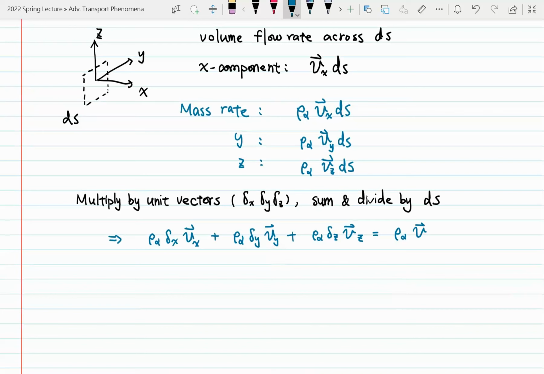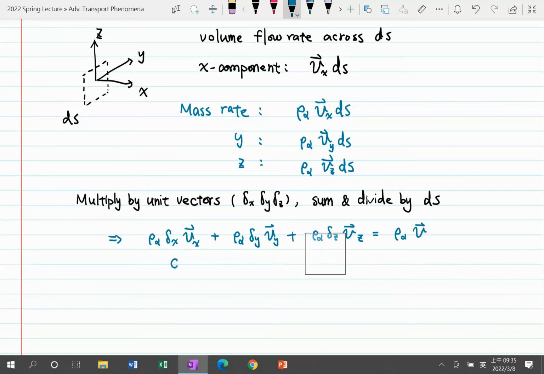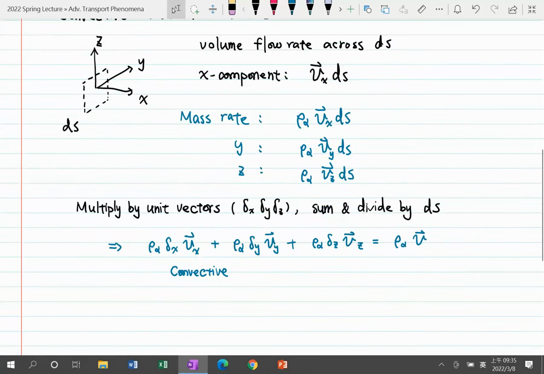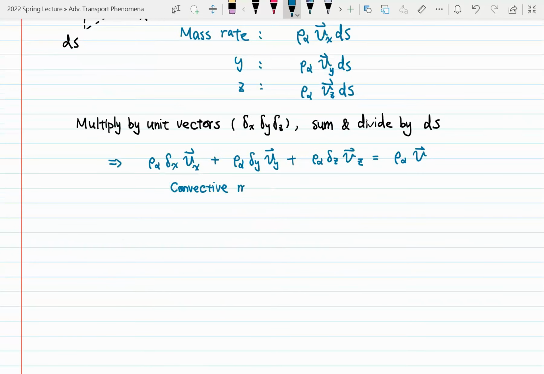So this would be our convective mass flux vector, and it has a unit of kilograms per meter square per second.